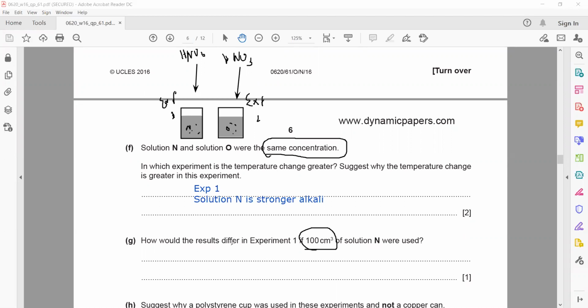It's not about concentration. We did not change the concentration. What we are doing, how would the result differ in experiment 1 if 100 cm cube of solution N is used? Here we use 50 cm cube. So what will be the result? The temperature change will be half.